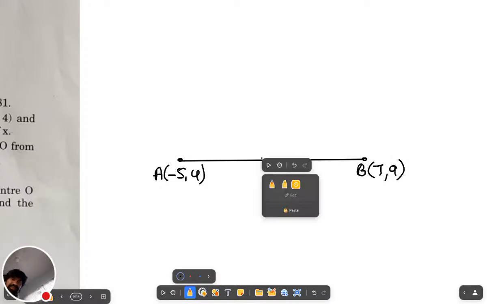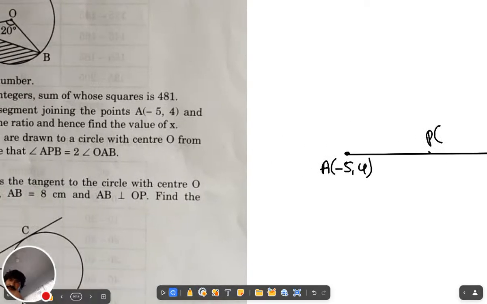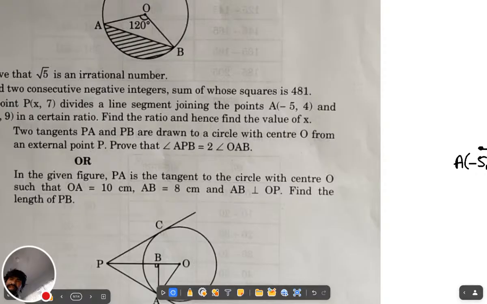The point P is on AB. What are the coordinates of point P? (x, 7).